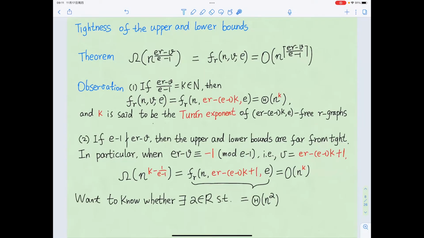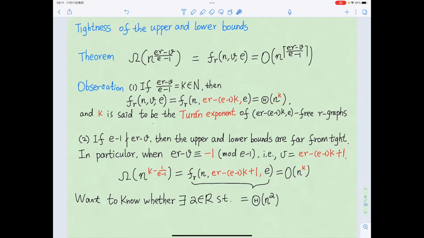You can see that there is an easy case where the numerator er − v is divisible by the denominator e − 1. In this case, we can set the exponent to be some positive integer k. Then the corresponding value of f is of the order n to the power of k.